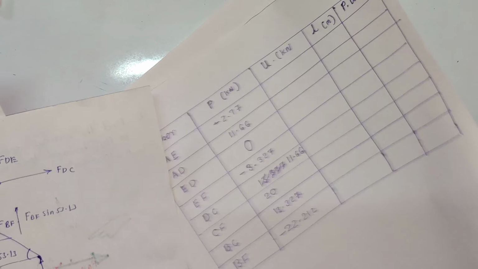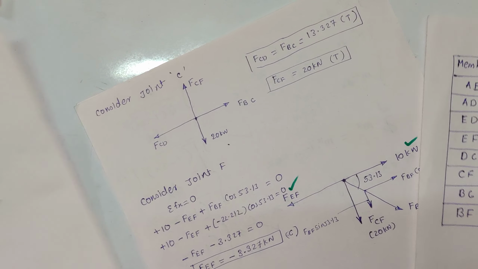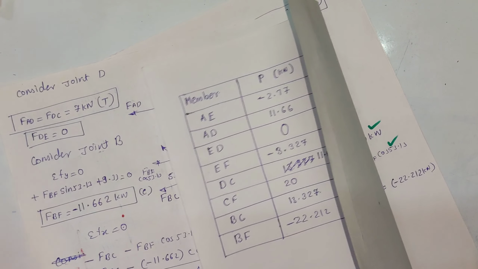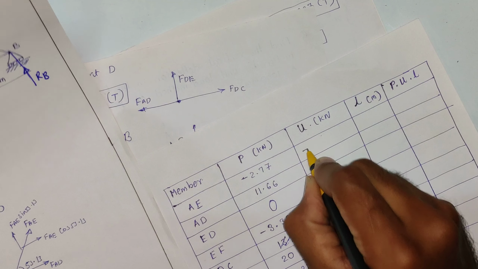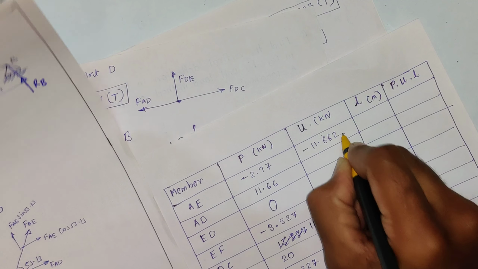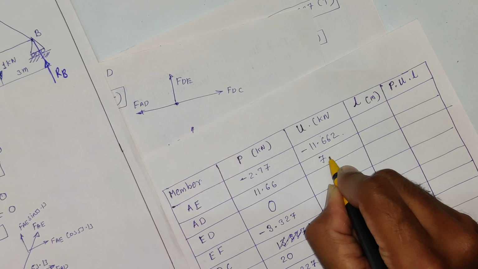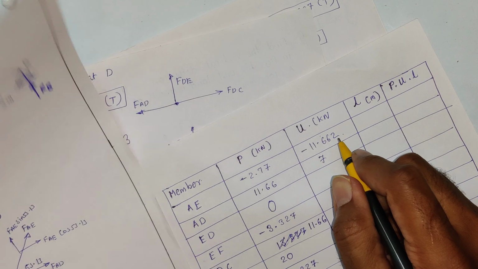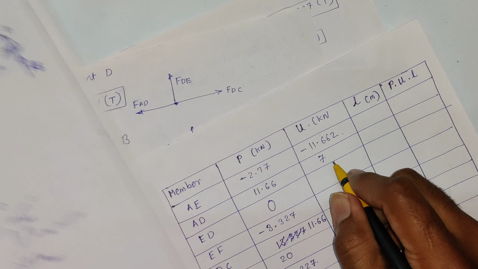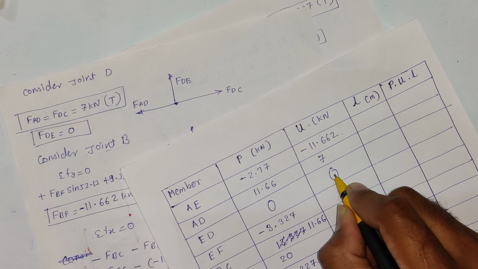So I'll write all these values in our table. Right, step by step we'll write. First AE is minus 11.662. Next ED, that is 7. Next DE or ED is equal to 0.